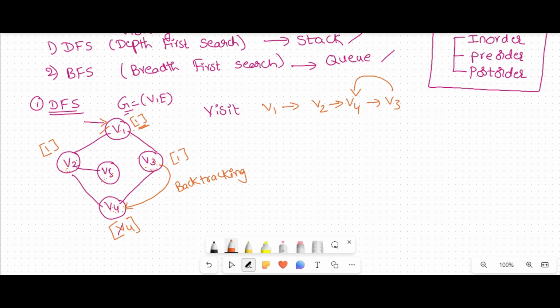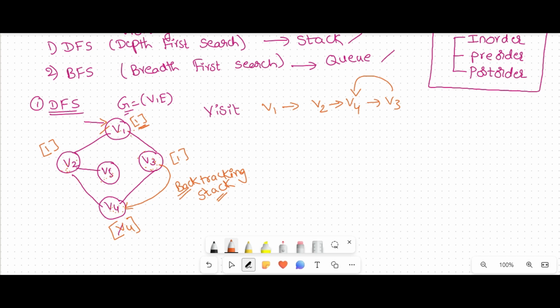That's why I am using backtracking, which is possible by using the stack data structure. You already know backtracking uses a stack. I have uploaded one video about applications of stacks, including backtracking.